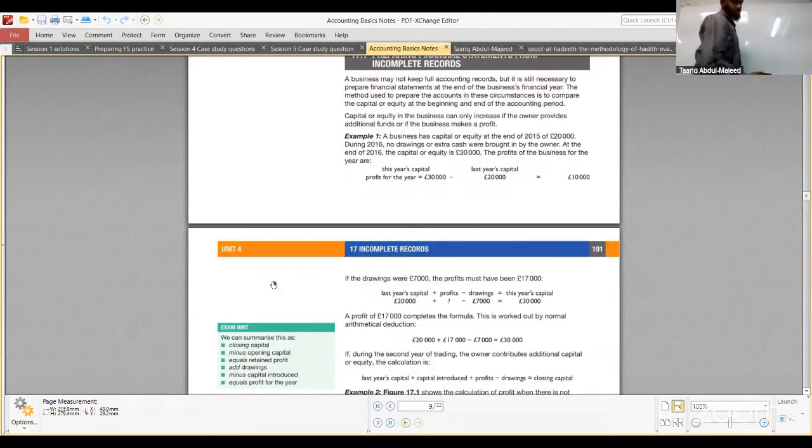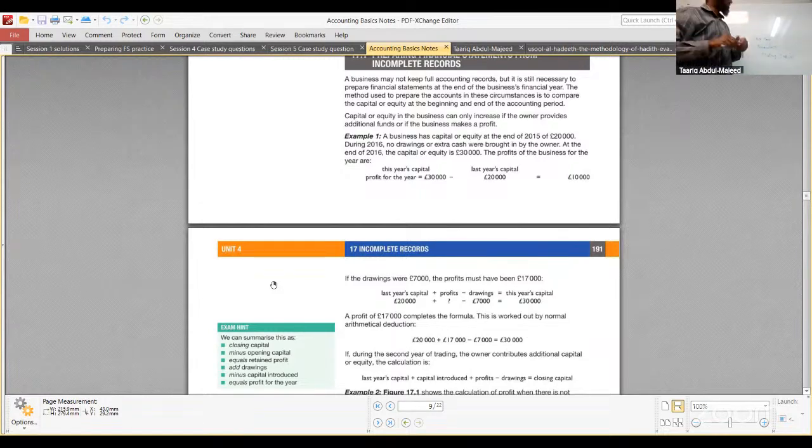What they said here is, what if you have information on what your opening capital was, what the drawings were, and you know what the closing capital is? Then you can have an idea whether you made a profit or a loss, because that pretty much makes up the equation.